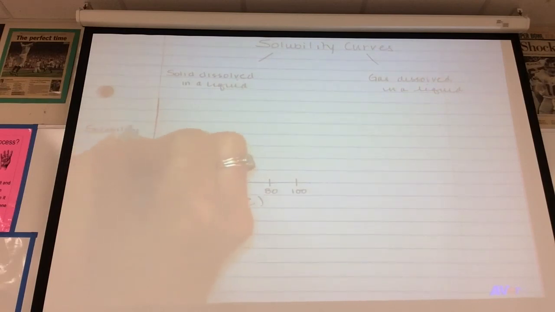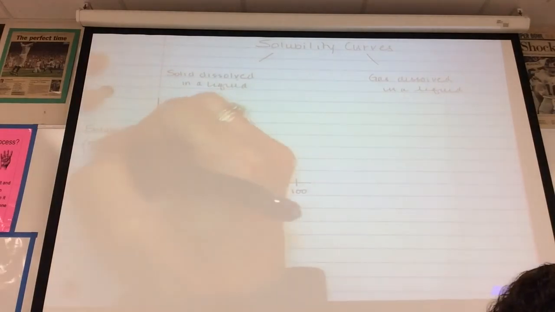And this is going to be the mass of solute in grams over 100 grams of water. So that's your mass of solvent, but it's going to be per 100 grams of water. Maybe I should do this.